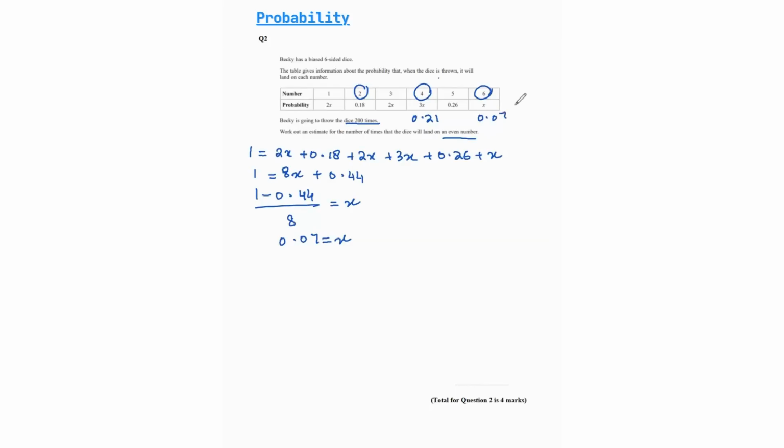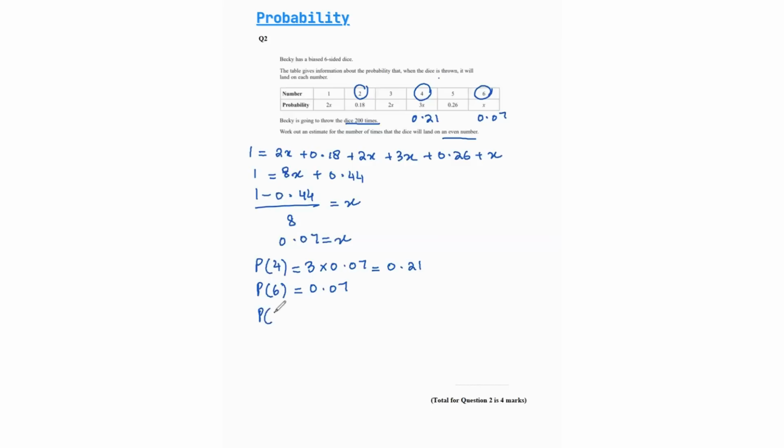So now what we will do is we will add up these probabilities and then times it by 200. So firstly, probability of 4, that's 3 times 0.07, which is 0.21. Then probability of 6 is 0.07.